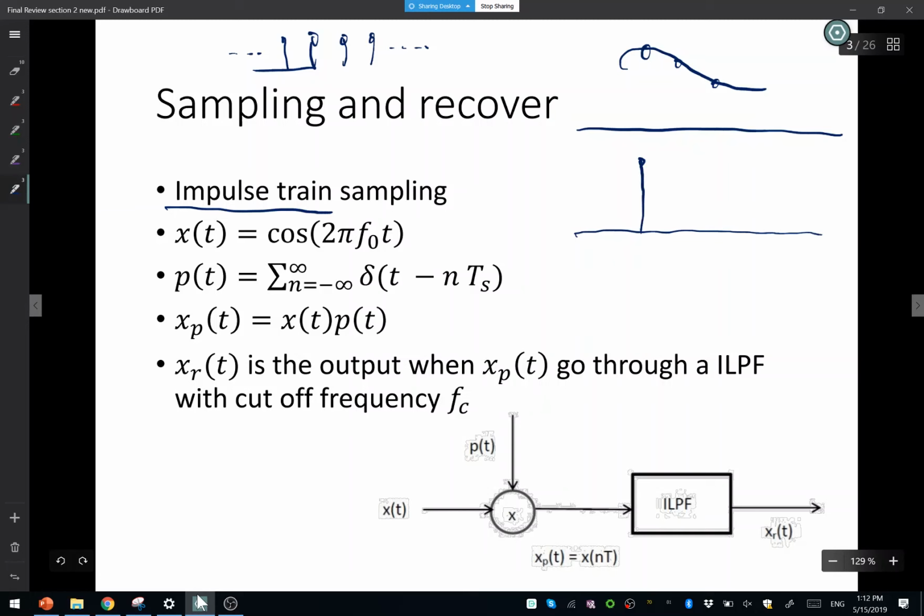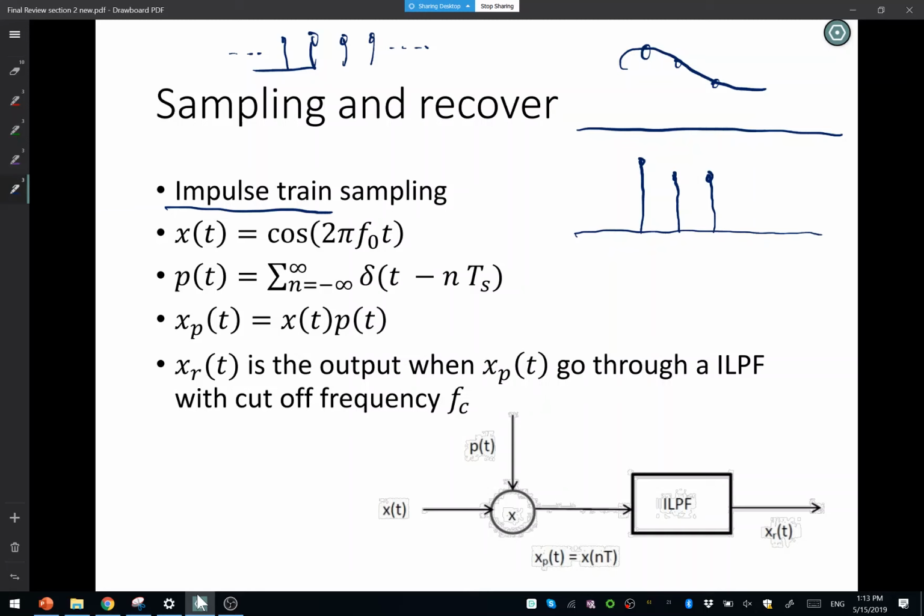A group of impulses, where each impulse has its own value, can represent a discrete signal, even though in DTFT it is not represented as delta functions. But if you want to represent a discrete signal in the continuous domain, you can represent it by a group of impulses.